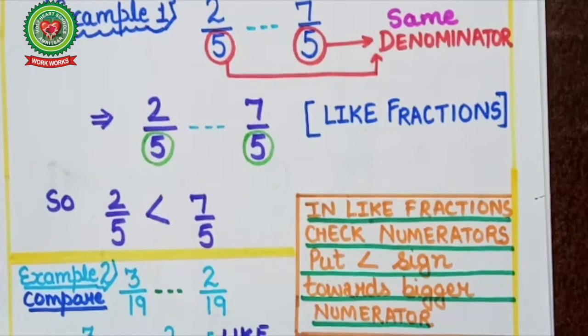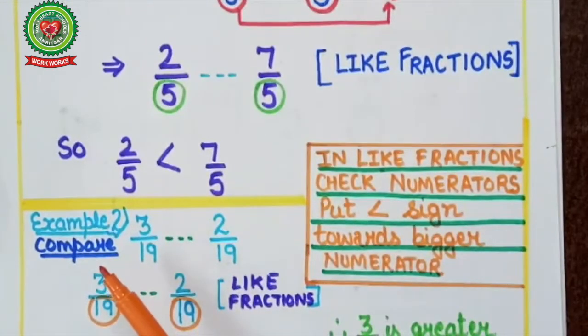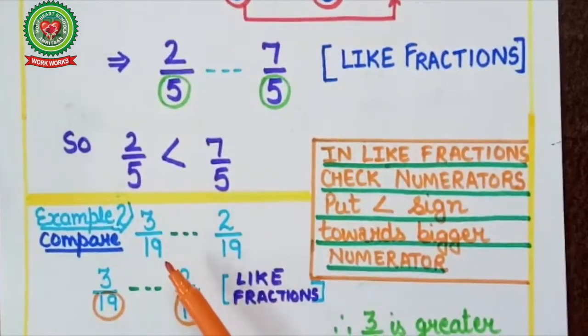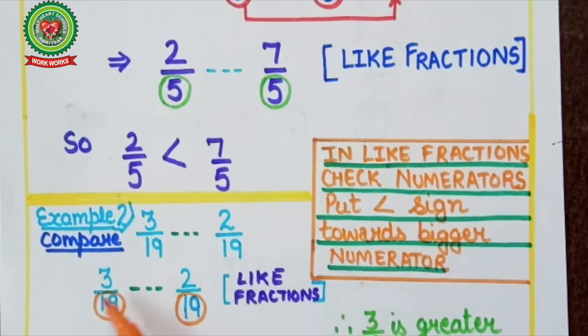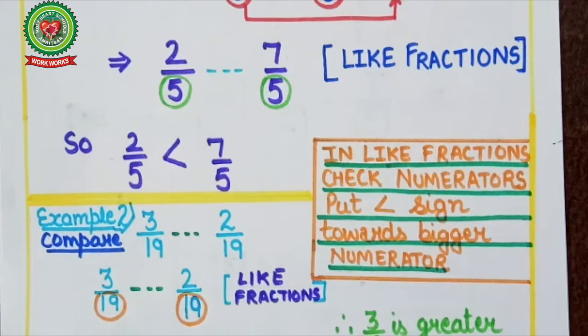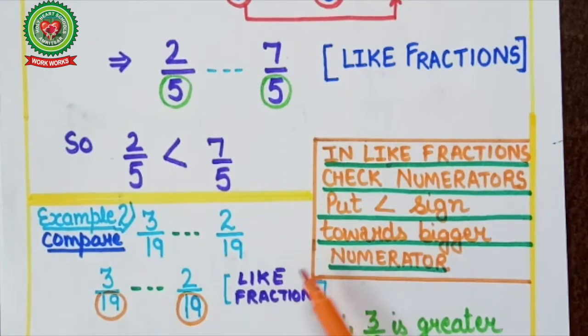Now let's understand with one more example. Here we have to compare 3 upon 19 and 2 upon 19. Step 1, see the denominators. Both denominators are equal to 19. So these two are like fractions.